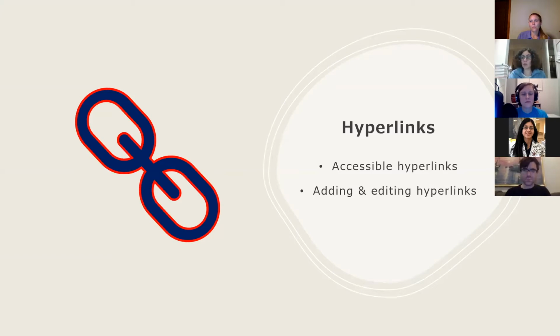When we're linking things, we're advised to avoid saying click here and hyperlinking that, because we don't know how many click here's we're going to have in a document. So that's like the web page situation. Do not remove the underline of a hyperlink, because again, it needs to be visually distinct. If you don't want to use the blue color that it automatically changes to when it's hyperlinked, you can change it to any color you want.